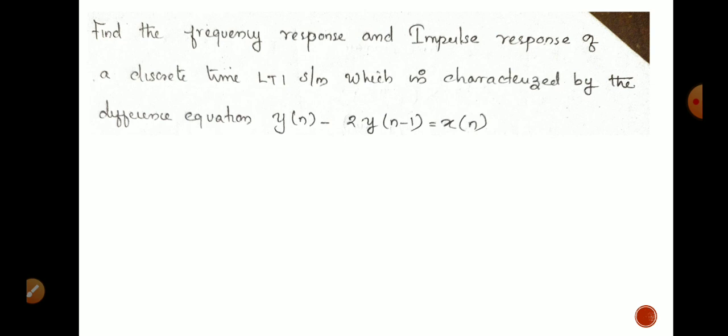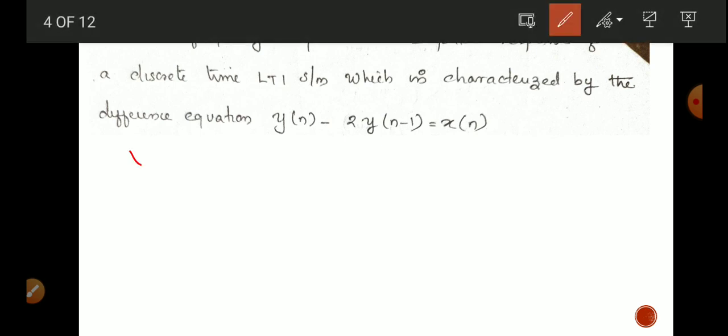Frequency response means the transfer function of the system. On taking the Fourier transform on both sides of the equation, we can write the Fourier transform as Y of e raised to j omega minus 2 into y of n minus 1. This uses the time shifting property of the discrete time Fourier transform.